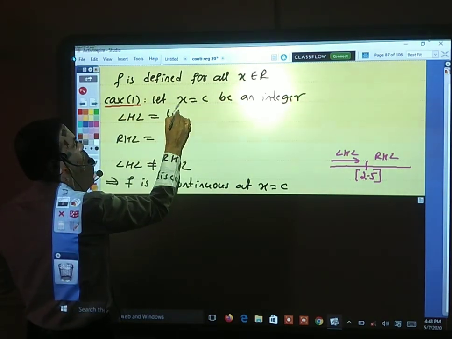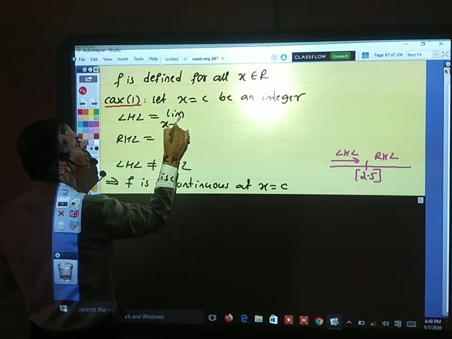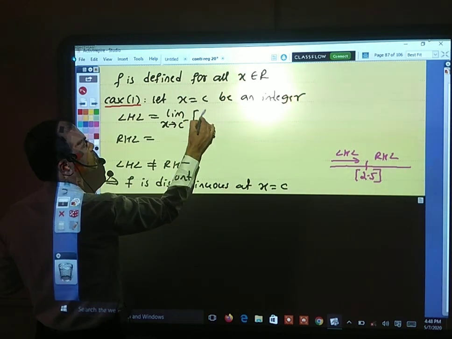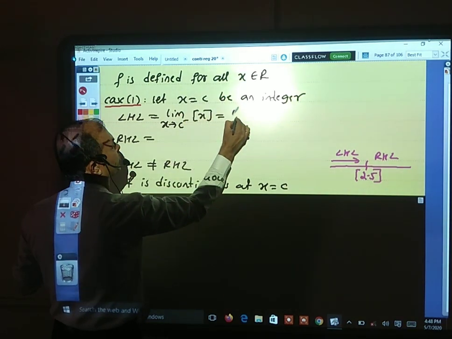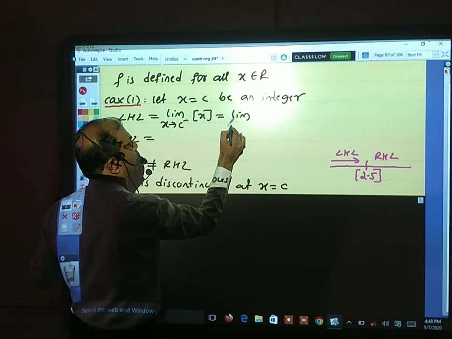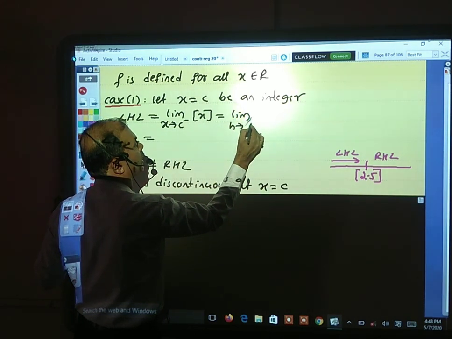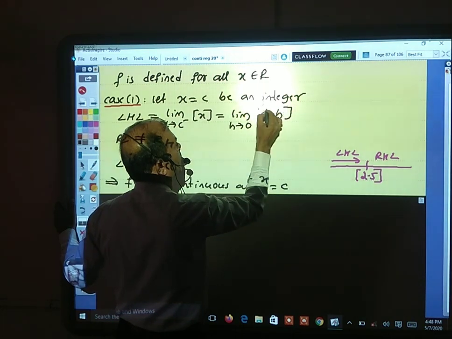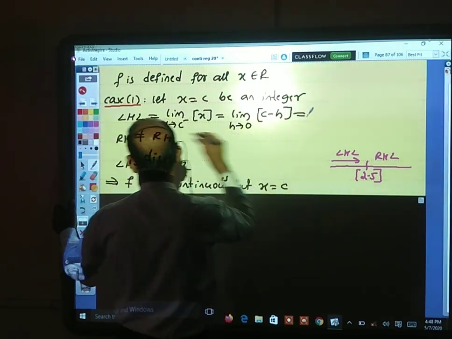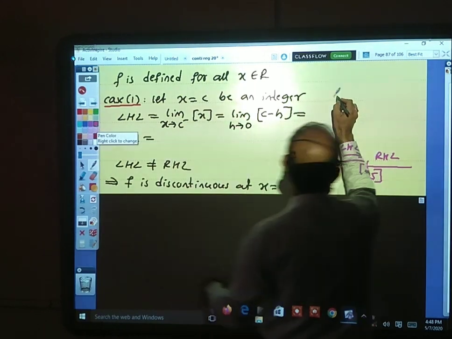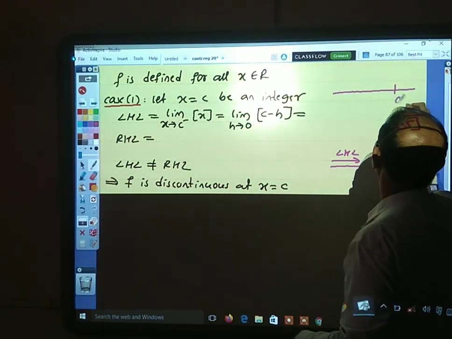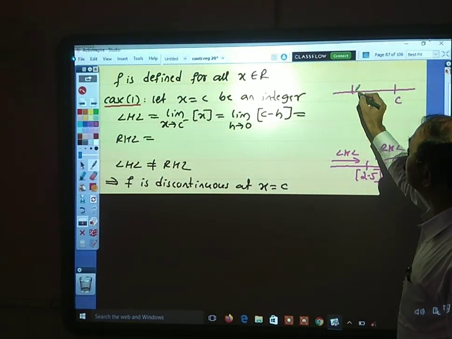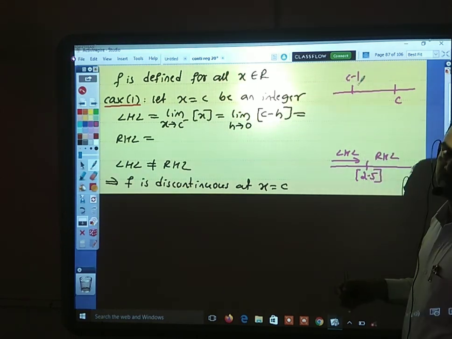Left hand limit: x tends to c minus of greatest integer x. Give a value which is slightly less than c, that is c minus h. Now what is your answer? C minus h. Note here, the integer c. To the left side of it we get c minus 1.